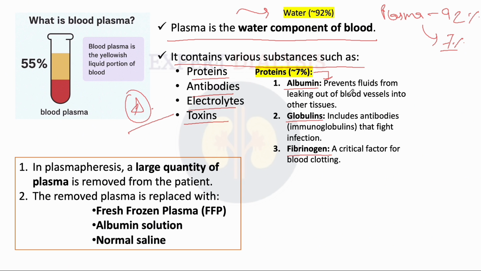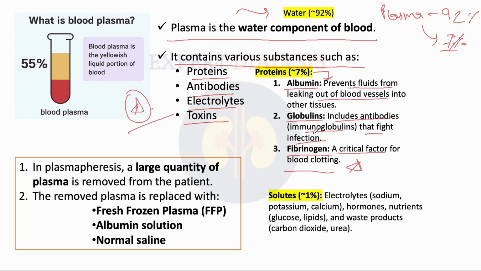Albumin, what does it do? It keeps the fluid, the osmotic balance, inside the blood vessels. What is the function of globulins? They include antibody immunoglobulins that fight infection, and fibrinogen is a critical factor for clotting. So these are also part of the plasma, but they are only 7%, and the rest are solutes.